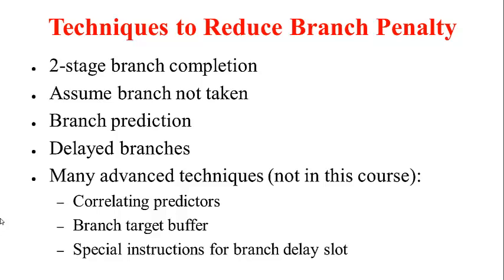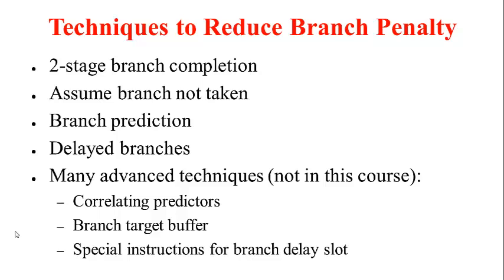So there is a small buffer in hardware which maintains the predicted instruction which will be loaded if the branch were taken. And then there are further techniques at the instruction set architecture level, where there are special instructions which can be used for the branch delay slot. This will essentially help the compiler to fill the branch delay slot with these special instructions. These and many more you will likely learn if you take an advanced architecture course.